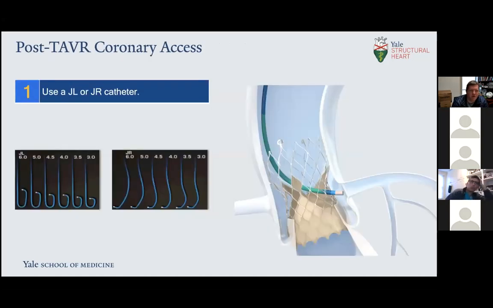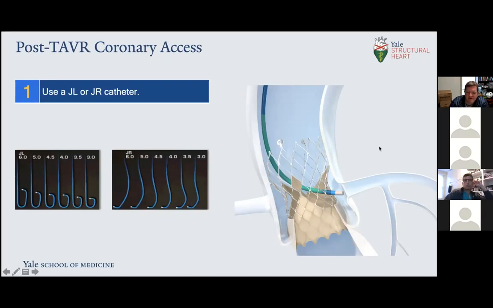We're going to go through these. So first, use a JL or a JR. The reason is that our EBUs and other catheters are going to have a difficult time coming directly through here. And you're going to get plenty of backup support simply because of the frame of the valve.